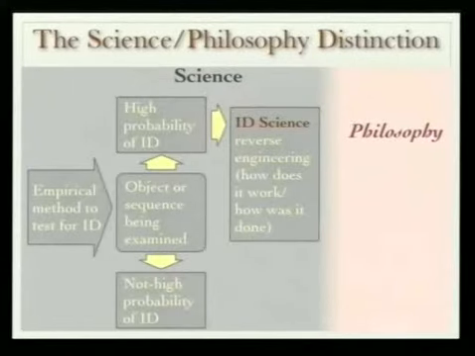Then, if it does have a high probability of intelligent design, the next step that science needs to take is to apply another area of intelligent design, which I refer to as design derivation or reverse engineering. And that occurs when you start with a complex system that's already operative and you slowly dismantle and analyze that system to reduce it to basic operating principles.